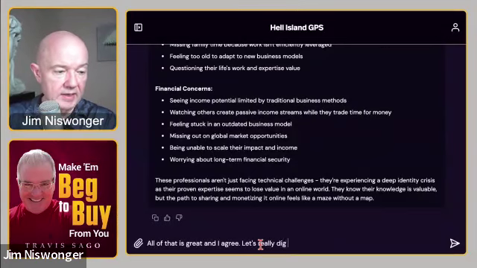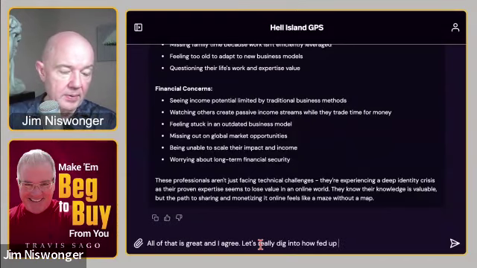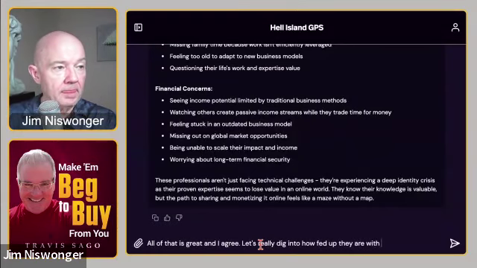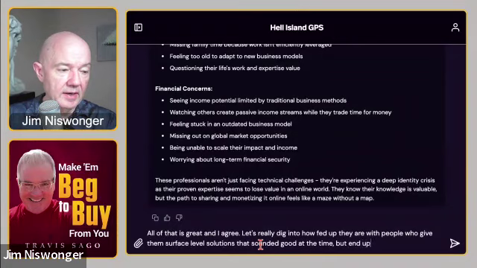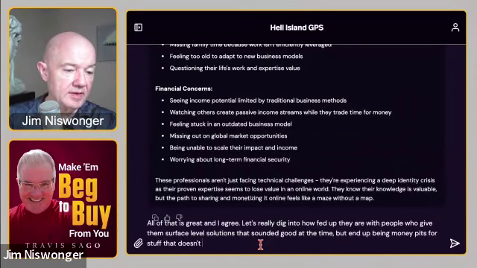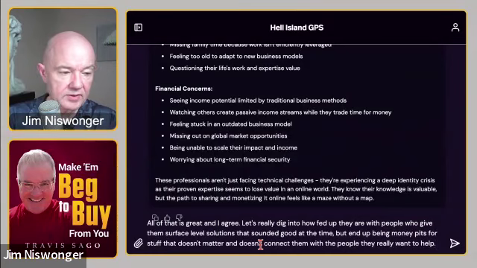Let's really dig into how fed up they are with people who give them surface level solutions that sounded good at the time, but end up being money pits for stuff that doesn't matter and doesn't connect them with the people they really want to help. We'll see what it gives us with just that little bit of refinement.